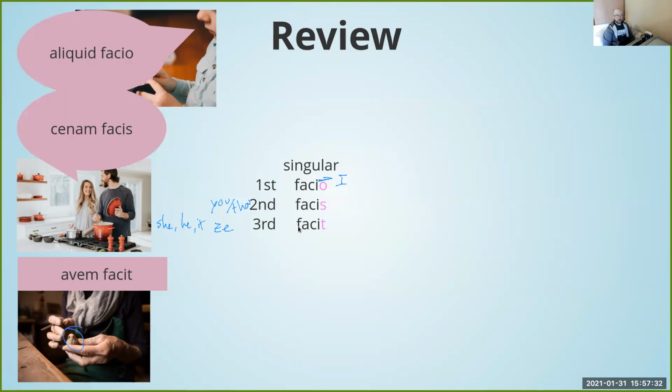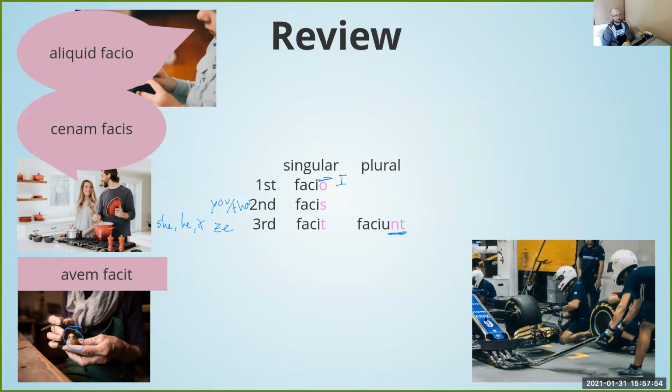This third person is really, really common in describing events and historical situations. Okay, finally, in the plural we have learned the third person. That's describing not what I do, not what you do, but what another group does. And that ends with an NT.